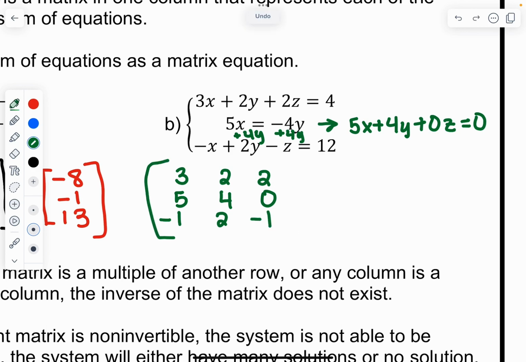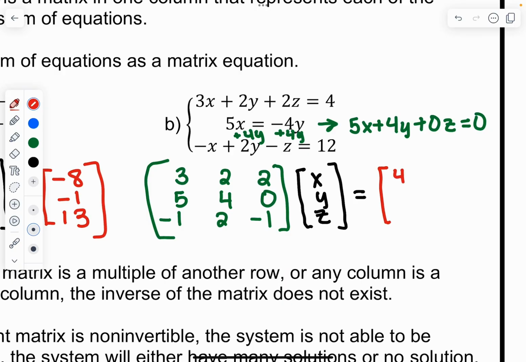So we have that. Then we have our variable matrix. So our variables in this are x, y, and z. And last but not least, it's going to be equal to our constant matrix, which is 4, 0, and 12.